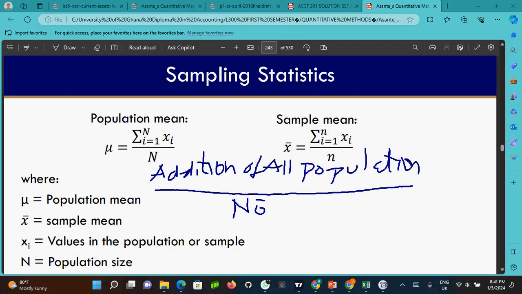So if you are adding them and they are 10, the number of them is 10. If you are dealing with weight, it could be 32, 40, and so on, and they are 10. You add all of them, then you divide by 10, and you get your population mean. So basically that is it.